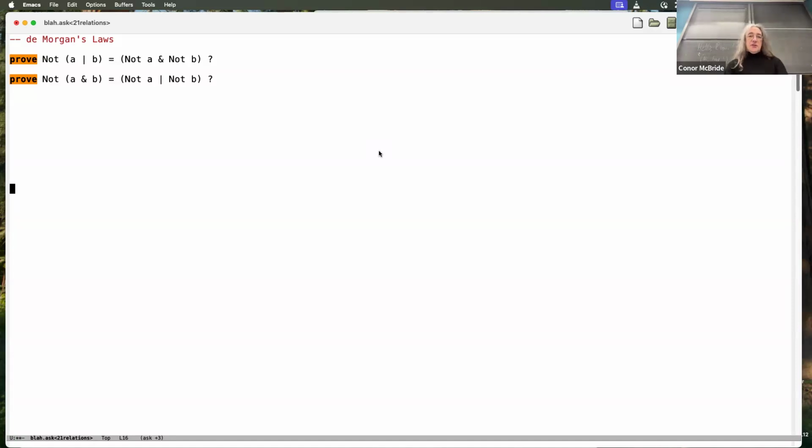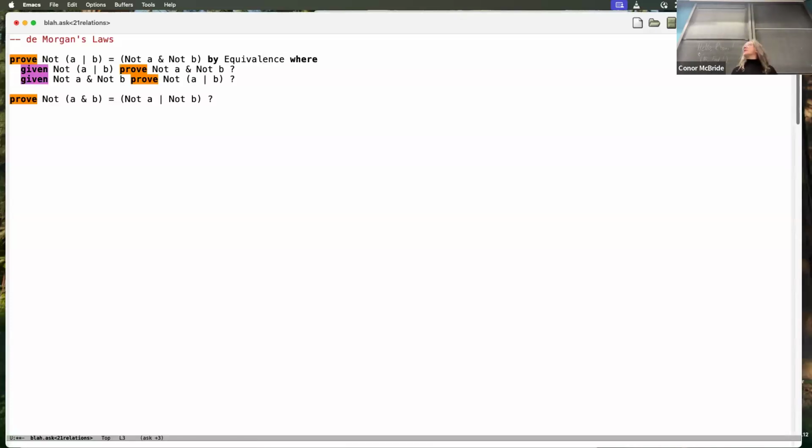So here's the rule that enables you to prove an equation. I'm going to use De Morgan's laws as an example. You say by equivalence, and you get two subgoals, which are, hopefully unsurprisingly, given the left-hand side, prove the right-hand side, and given the right-hand side, prove the left-hand side.